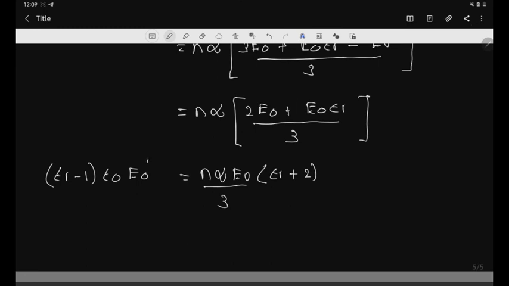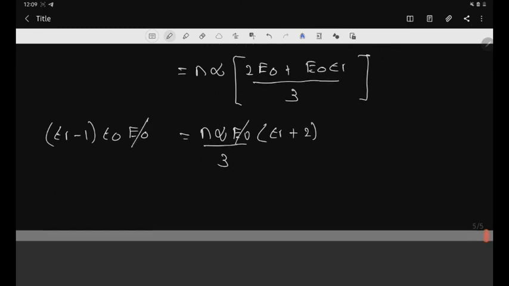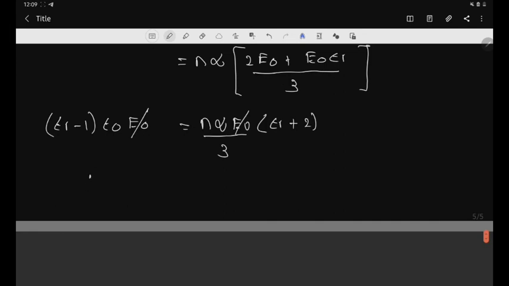Now we can cancel this E naught also, and we can get an equation for alpha. Alpha will be equal to 3 into epsilon r minus 1 divided by n, and epsilon r plus 2 will go on this side.